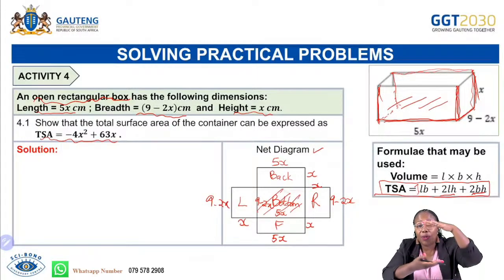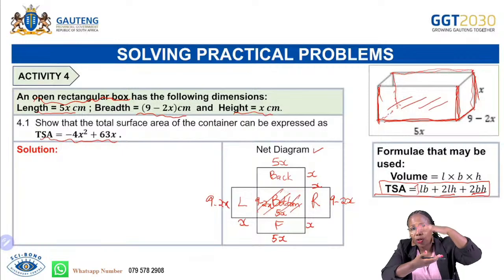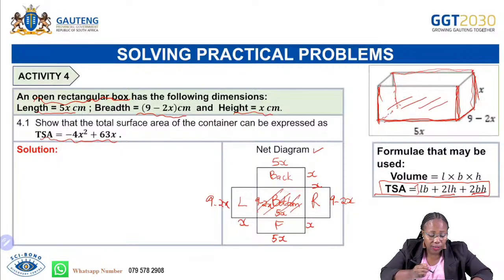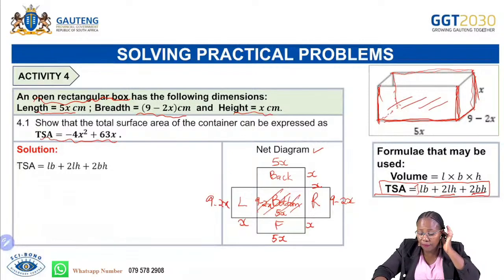There's no matching part, which is the top part, because the container is open. And then now let's look at the formula. Select the formula for the total surface area of the box correctly. So as you can see, the first one is LB only without 2. But if it was closed, it will be 2LB.